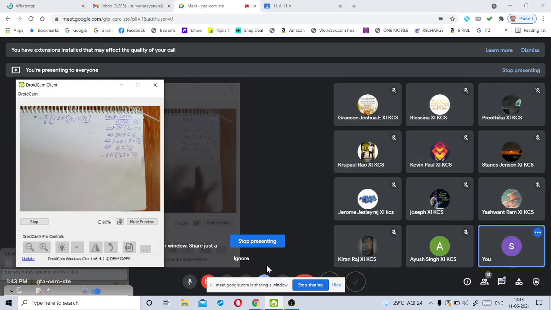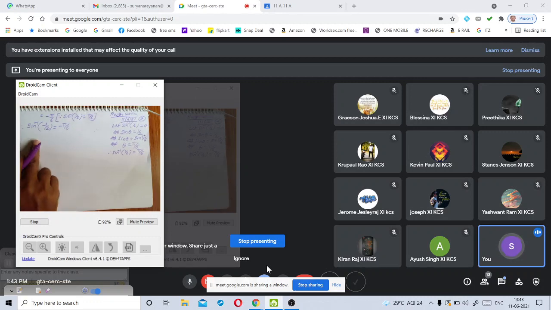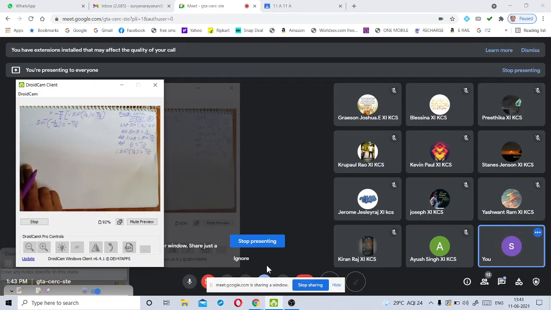So, therefore, sin inverse of minus 1 by 2 is equal to minus pi by 6. This is the principal value of sin inverse of minus 1 by 2. Okay, my dear children.